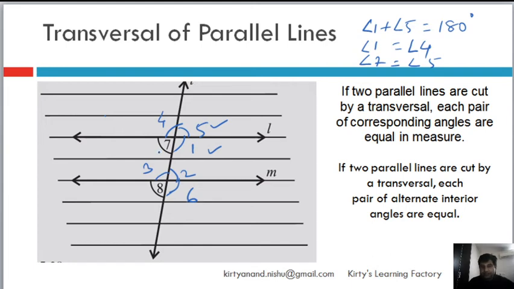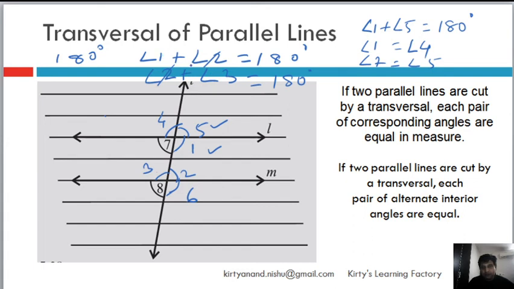So 1 plus 7 is also 180, 2 plus 3 is also 180, which means that angle 1 plus angle 2 is equal to 180 degrees, correct? Now I see that angle 1 plus angle 2 is 180 degrees, but angle 2 plus angle 3 is also 180 degrees. Therefore these two will be equal, so angle 2 will get cancelled.